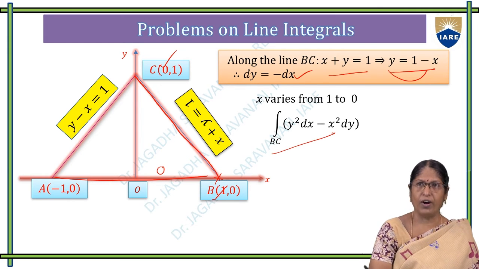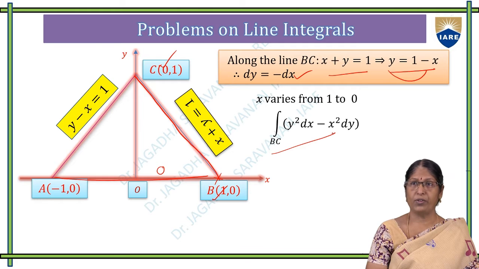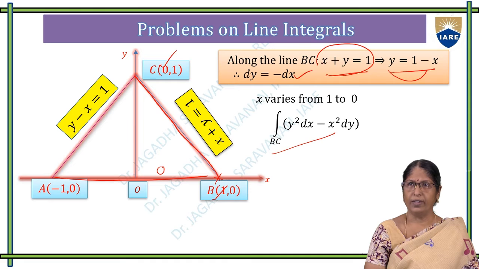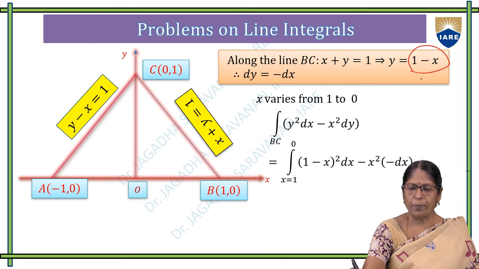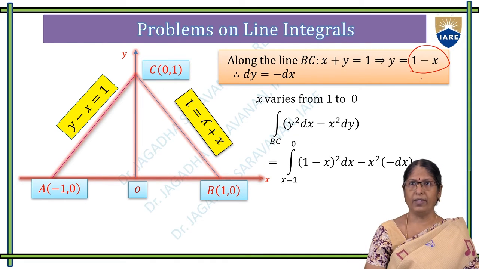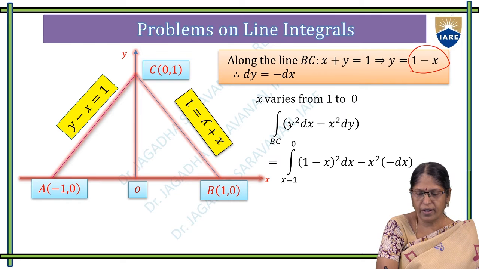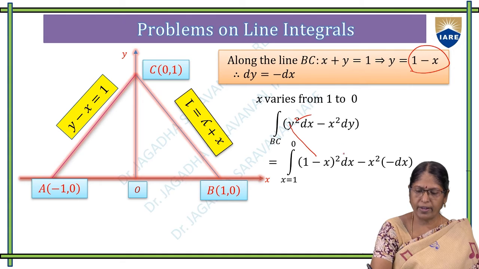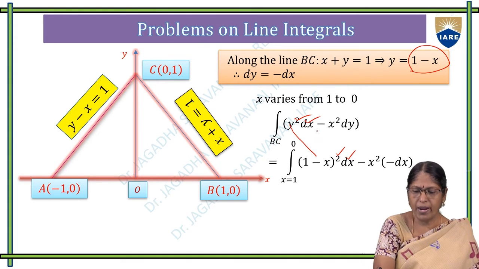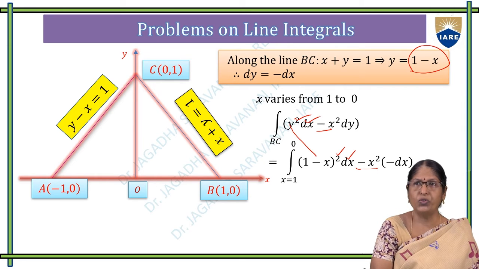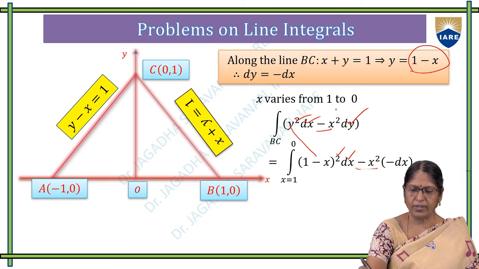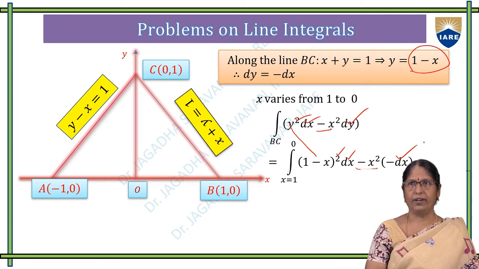So this is our function, into which we substitute. y is 1 minus x, and we can see it clearly here, 1 minus x squared, dx as it is. Minus x square, no change, just written as it is. dy is nothing but minus dx.